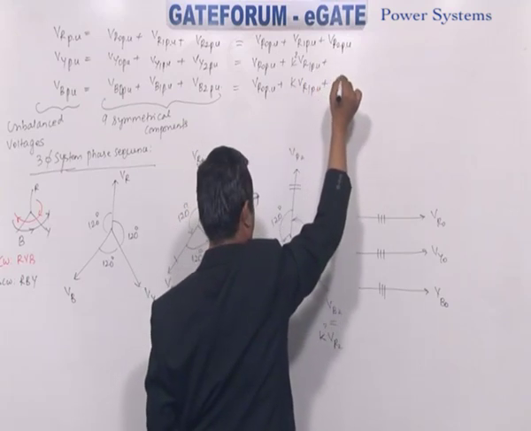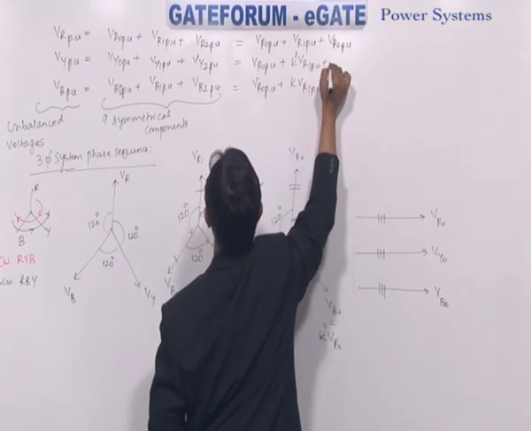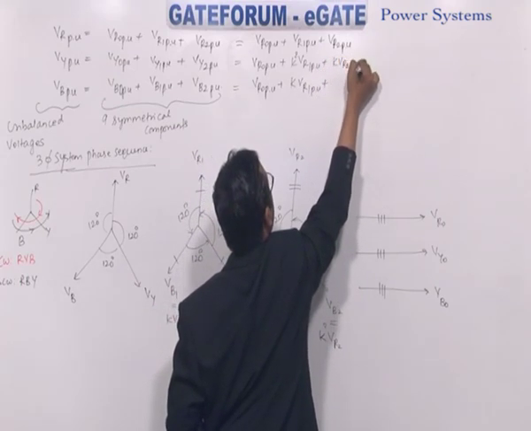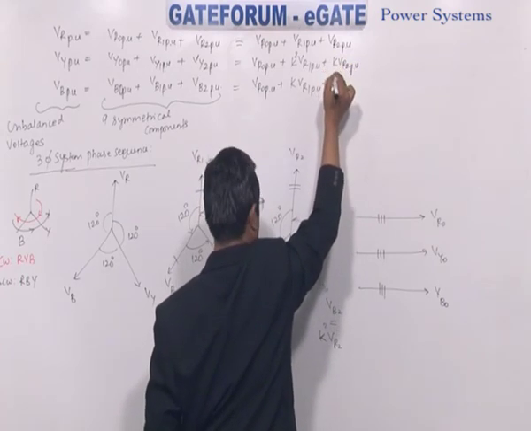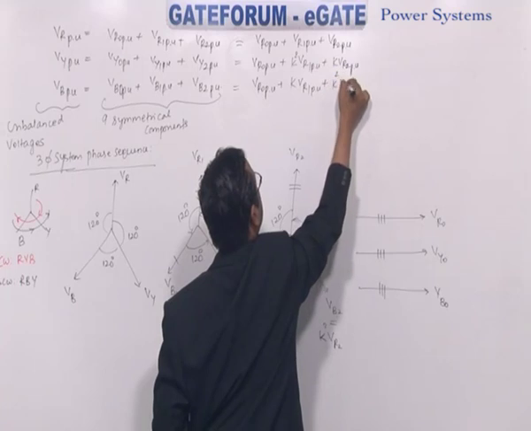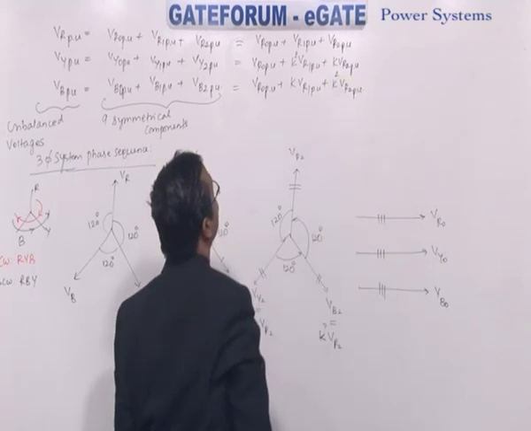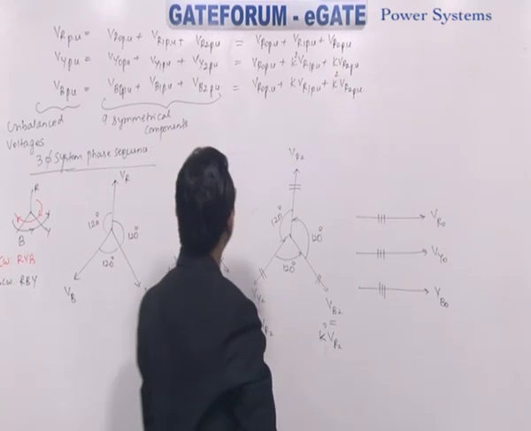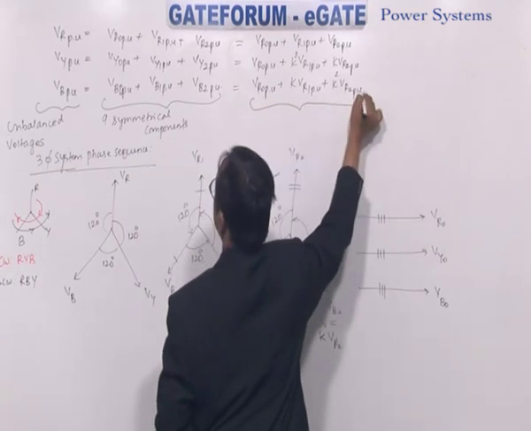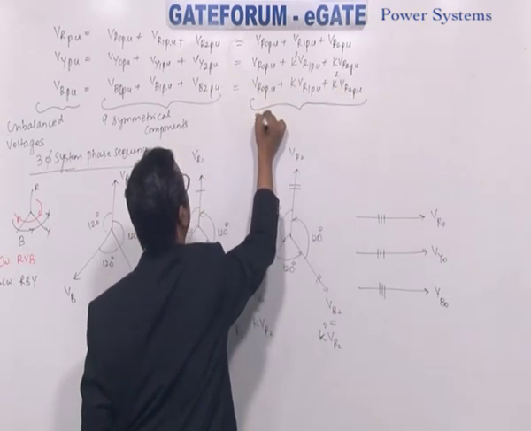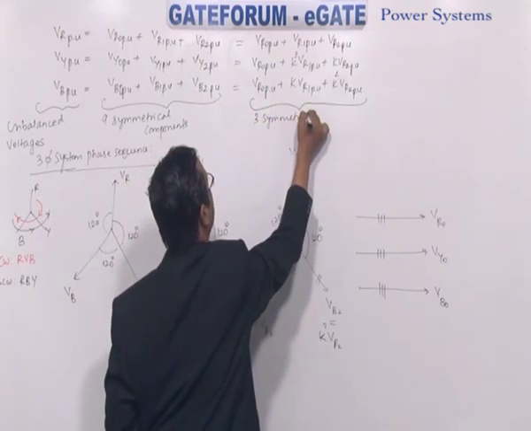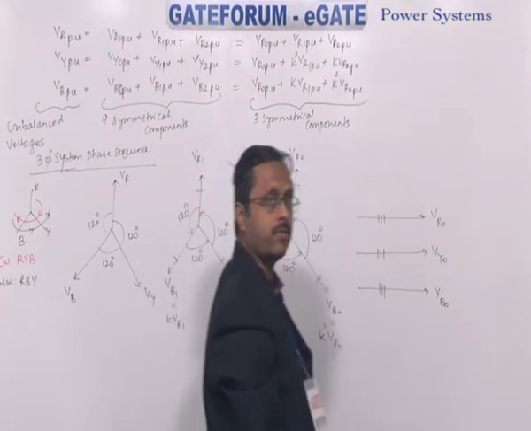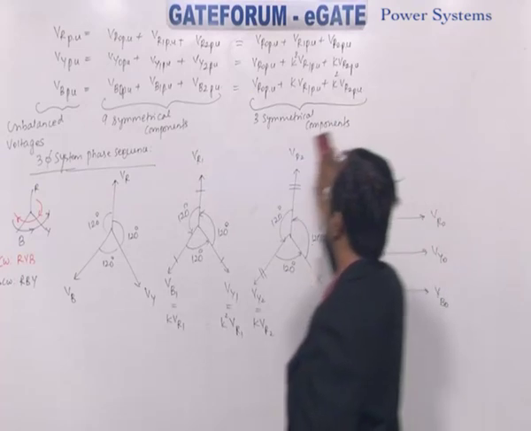What about Y2? K times VR2. Next is B2, K square times VR2. So this is how you represent the three unbalanced voltages in terms of the three symmetrical components.